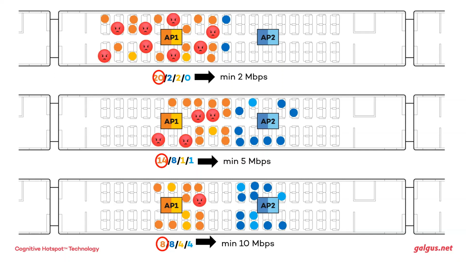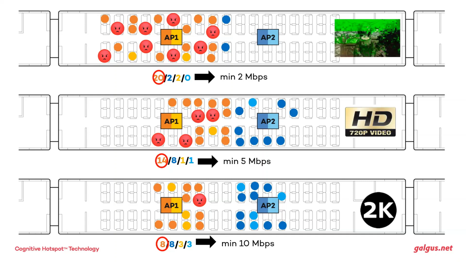We can see that the network owner will receive complaints from unsatisfied users most of the days. And yes, there will be some days where the lucky distribution of users, channels, and bandwidths will result in a good Wi-Fi connection.